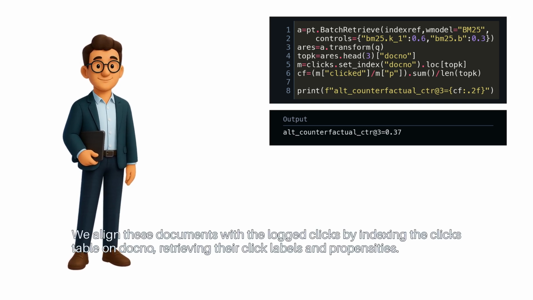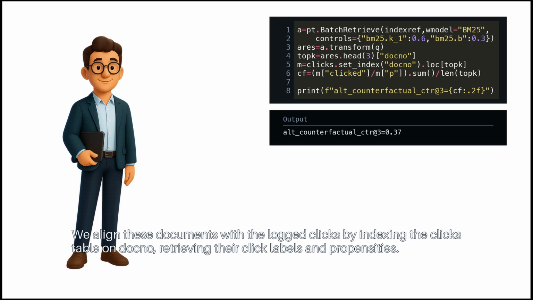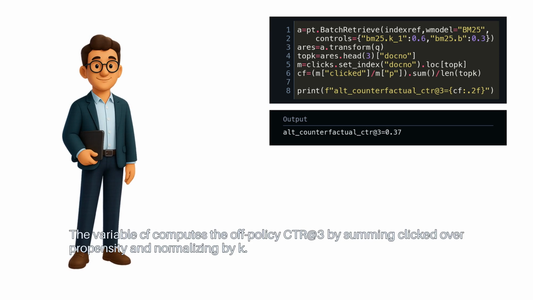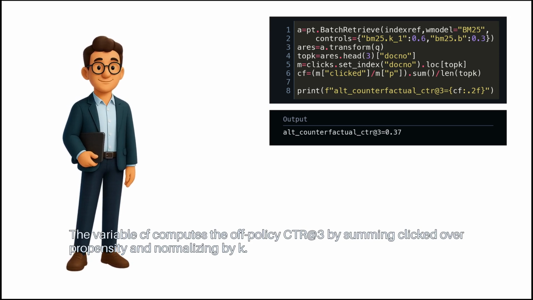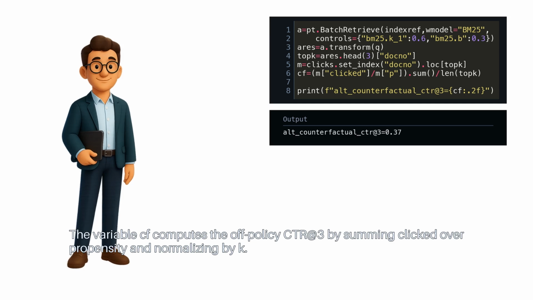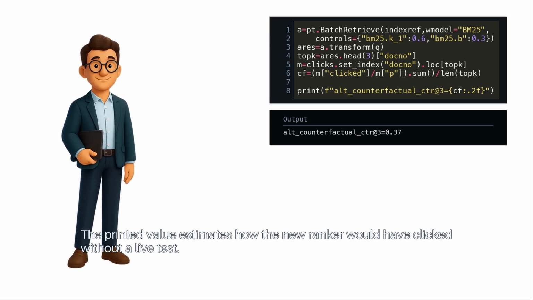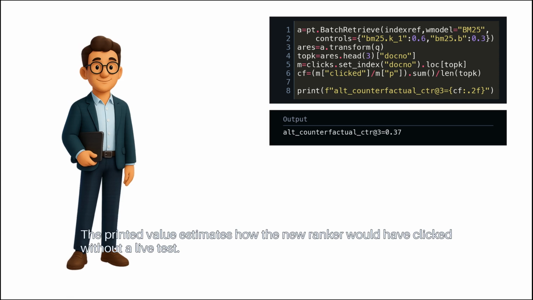We align these documents with the logged clicks by indexing the clicks table on DocNo, retrieving their click labels and propensities. The variable CF computes the off-policy CTR at 3, by summing clicked over propensity and normalizing by k. The printed value estimates how the new ranker would have clicked without a live test.